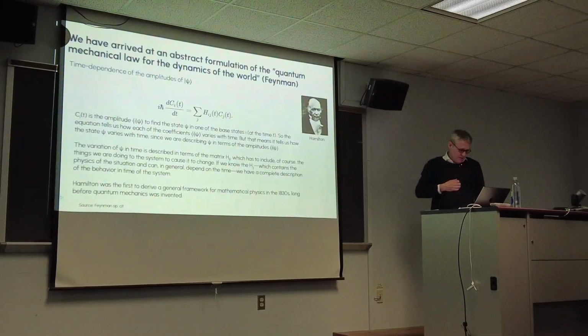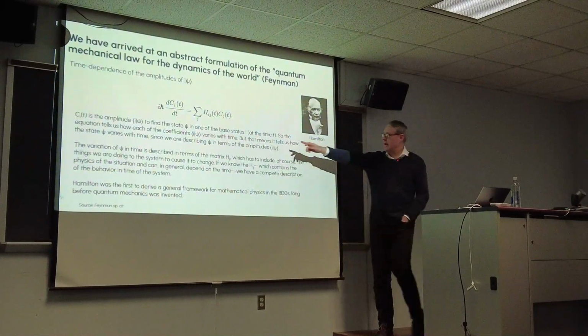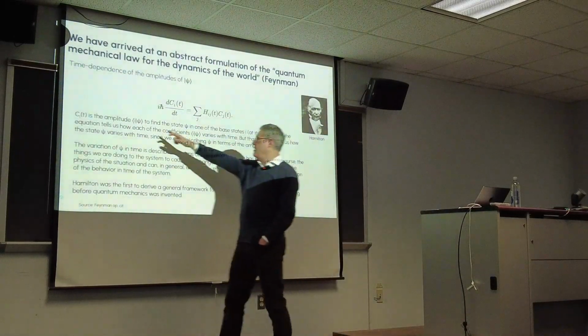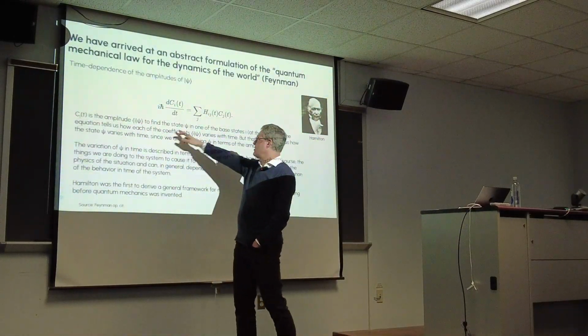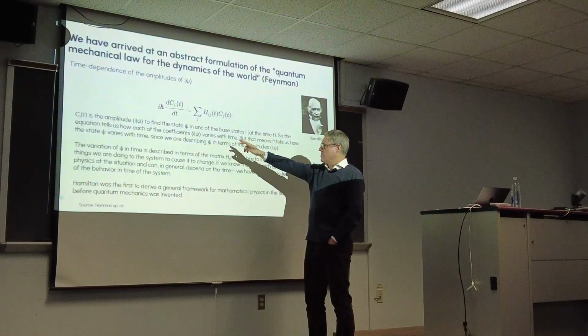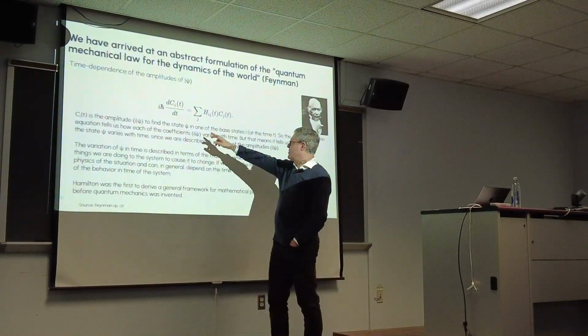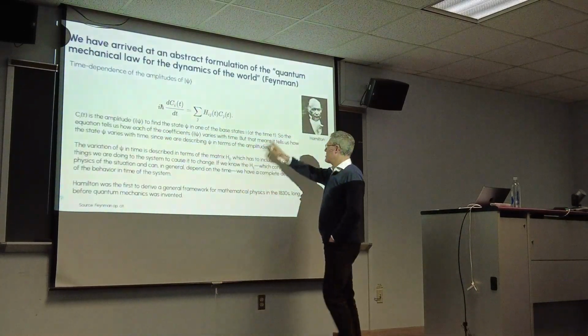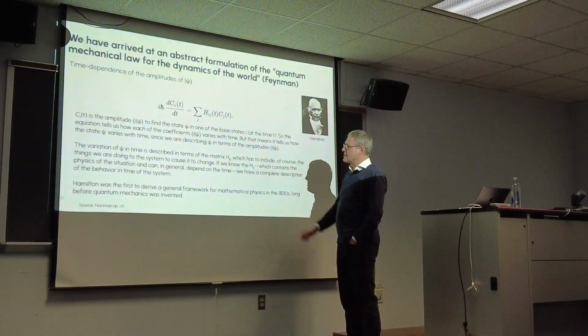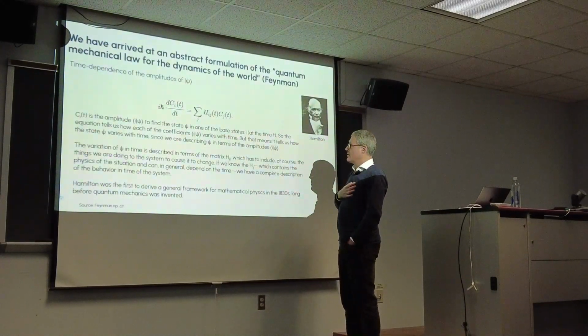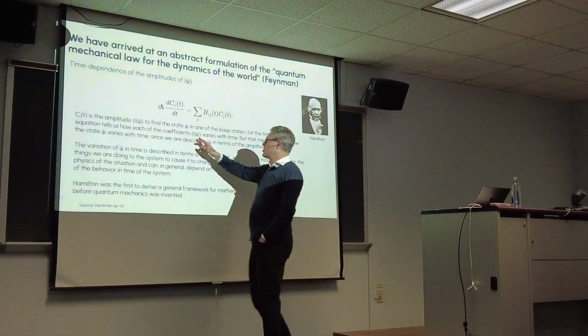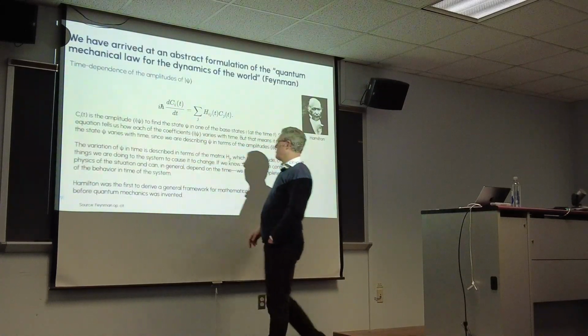Now we have here this C_i(t), the amplitude, the bracket i|psi, to find the state psi in one of the base states i at the time t. So the equation tells us how each of the coefficients varies with time. No matter which state, I can choose any state and show how it varies with time.